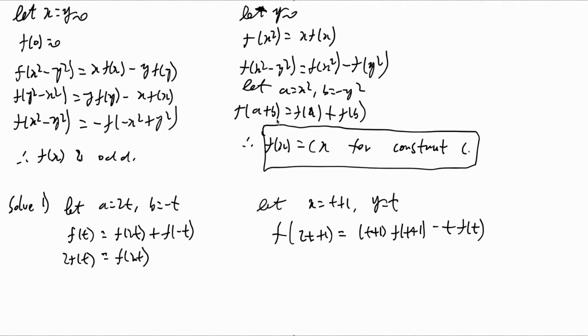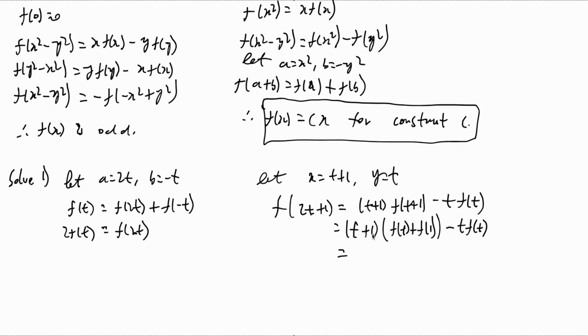And let's use this property right here. So this is t plus 1 times f of t plus f of 1, minus t f of t.